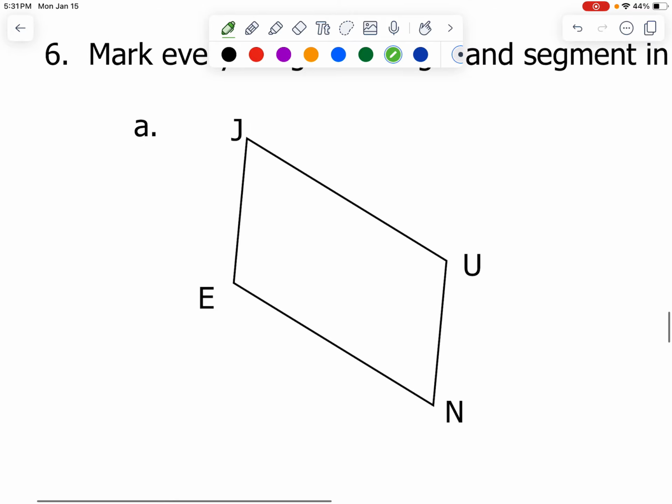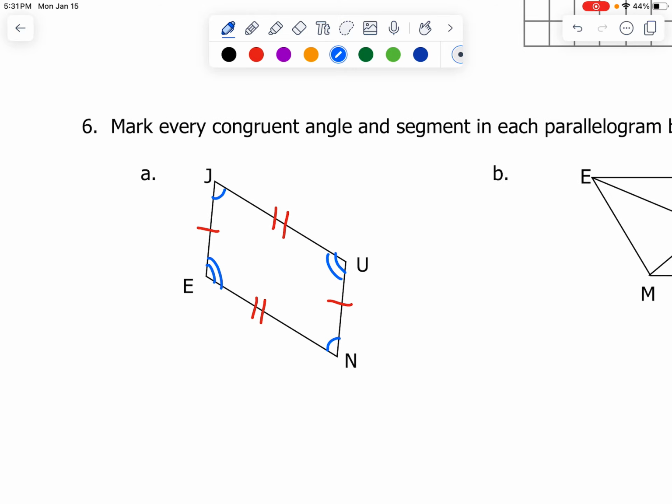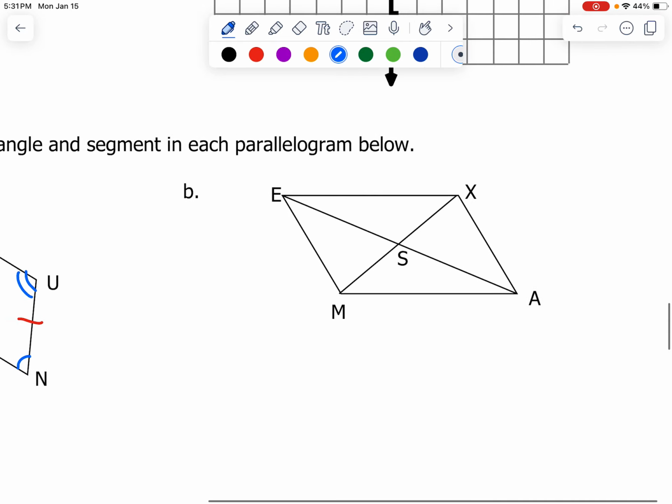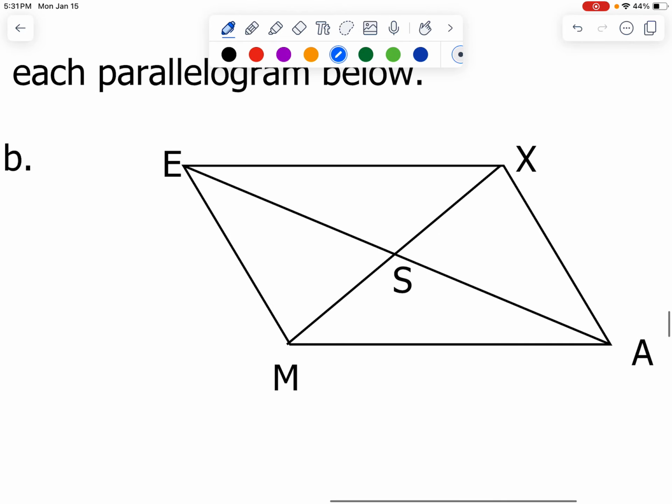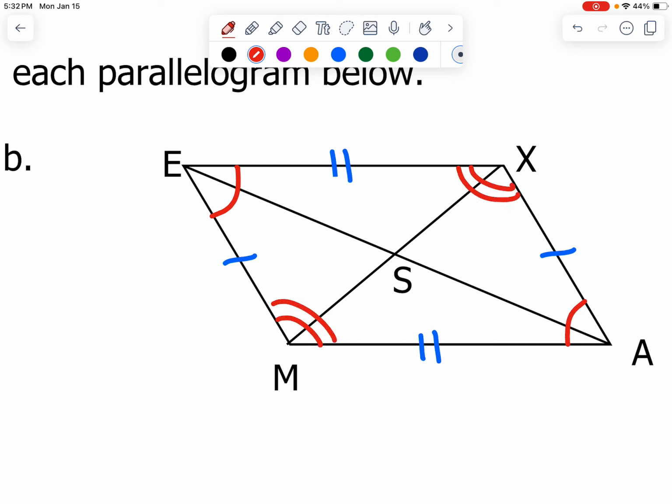All right, I hope that you have 2 pairs opposite sides congruent, and I hope you have 2 pairs opposite angles congruent. And that's it for the first one. Now over here, we technically have the same tick marks, 2 pairs opposite sides congruent, 2 pairs opposite angles congruent, but we also have diagonals bisect each other.